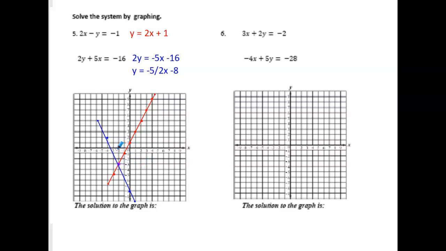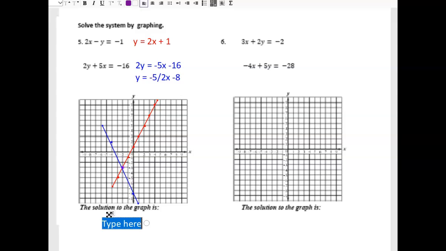So the point is negative 2, negative 3. So the solution to this graph is negative 2, negative 3. That makes this graph independent, intersecting. And you can see it has one solution.